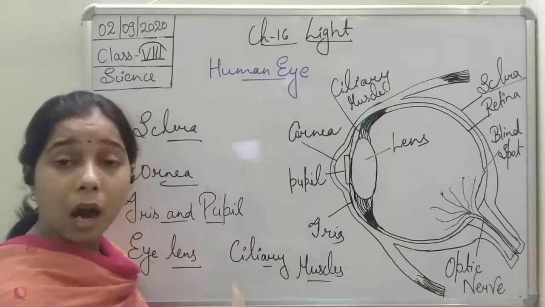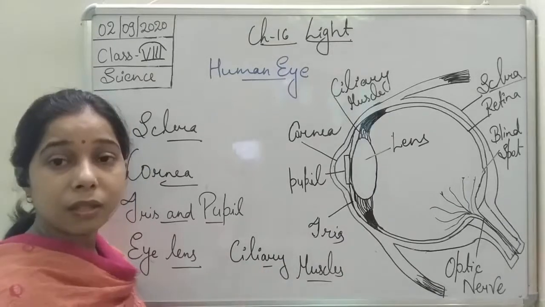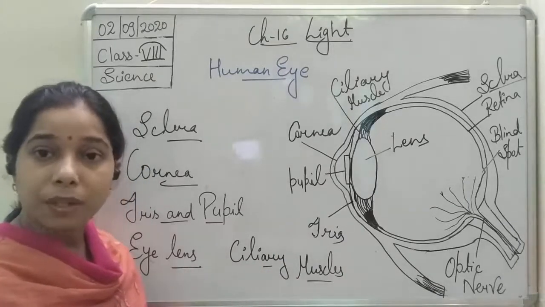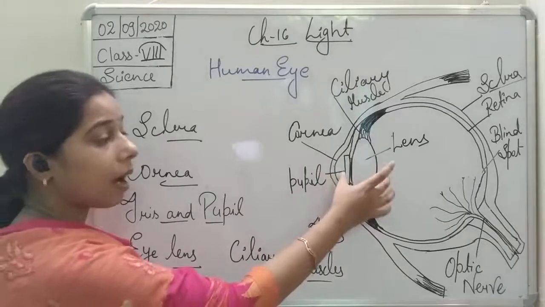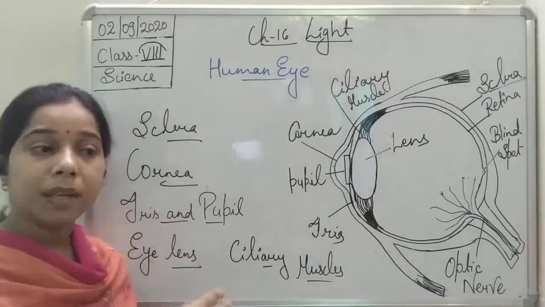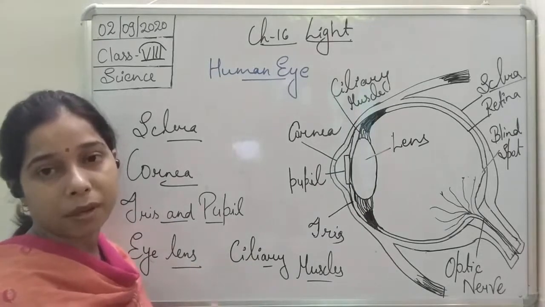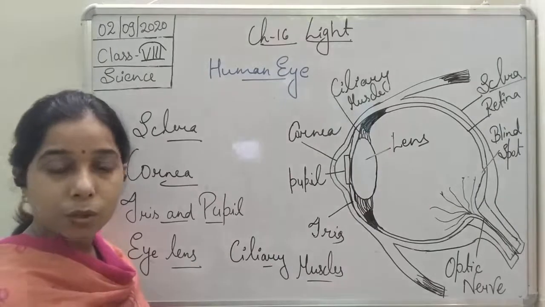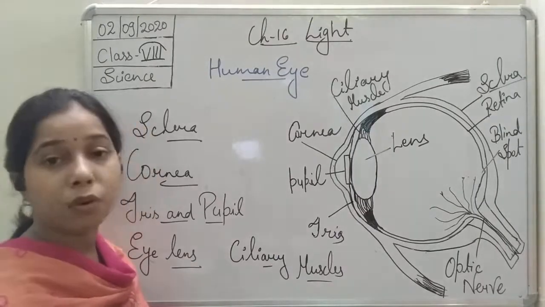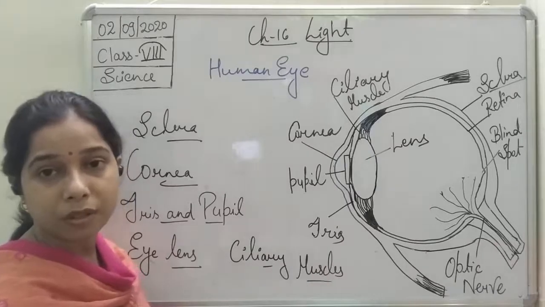Now you see, how can it help in focusing, students? When the ciliary muscle contracts, the eye lens becomes thick. And if it has become thicker, it will focus the light which is coming from a nearby object.